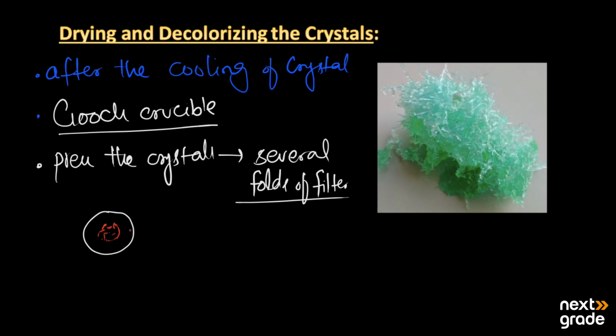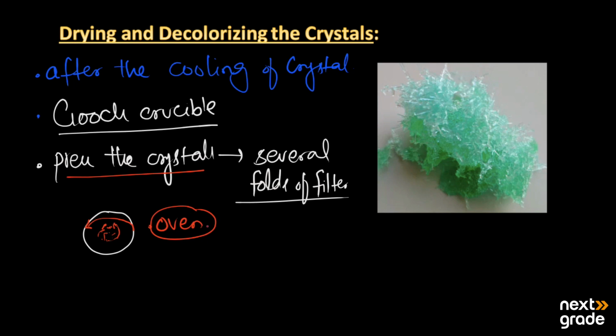So we will fold the filter paper over there, and we press the crystals gently to remove the solvent from it. After that, alternatively, the crystals are also dried in the oven. We can also use the oven for the removal of all the solvent from it.